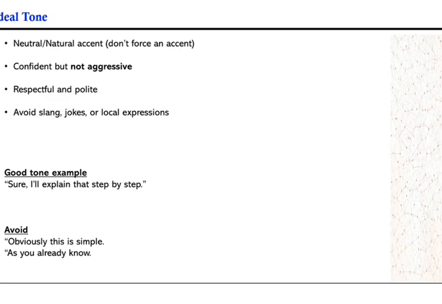Try to avoid slang, jokes, or local expressions. A good tone example is, sure, I'll explain that step by step. And avoid saying, obviously, this is simple, or as you already know. Try to avoid these sentences or expressions.